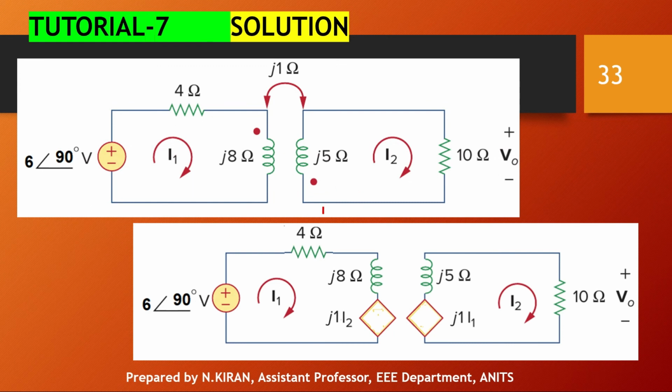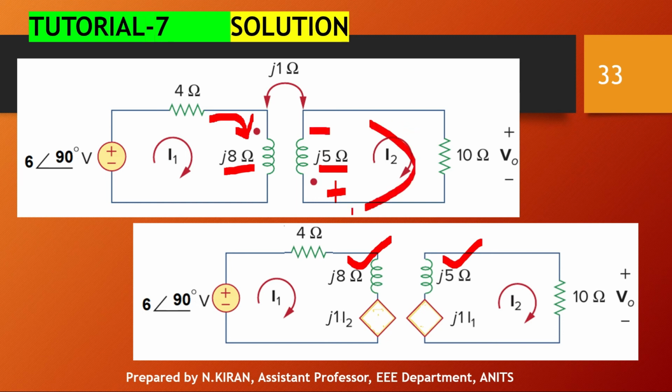So here the self-inductance of the first coil is j8 ohms and the self-inductance of the second coil is j5 ohms, as indicated here. According to the dot rule, in the first coil current is entering at the dot, so at the dotted terminal I will get positive and at the undotted terminal I will get negative.